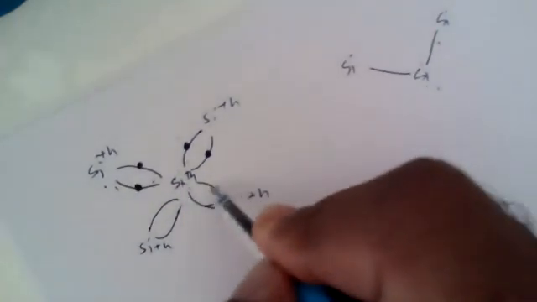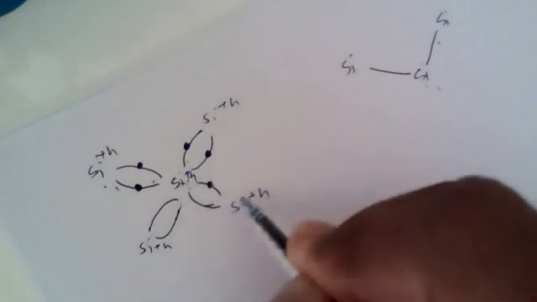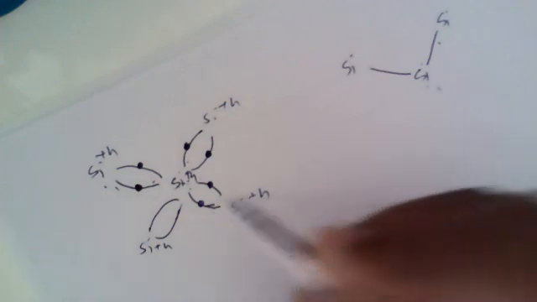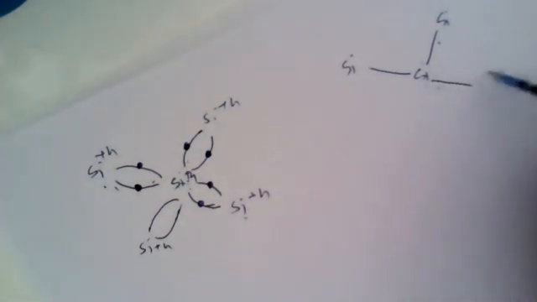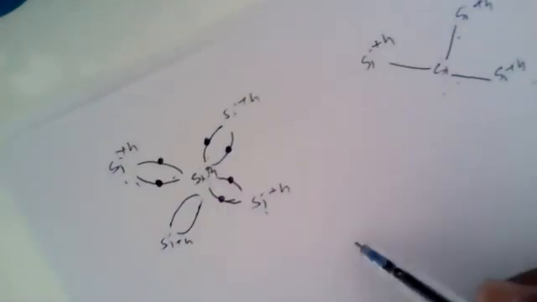Then the 3py electron of the central silicon and the 3py electron of the surrounding silicon share a common pair of electrons, and they form the third bond between silicon atoms, which is shown here.